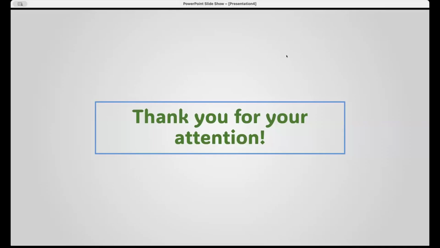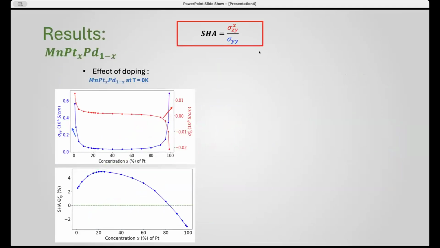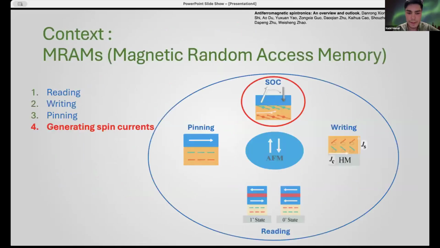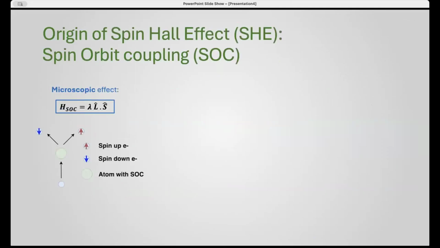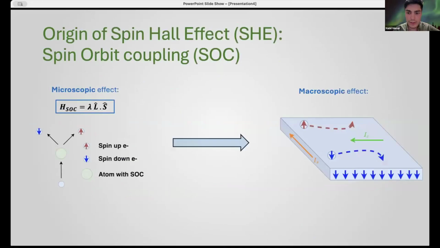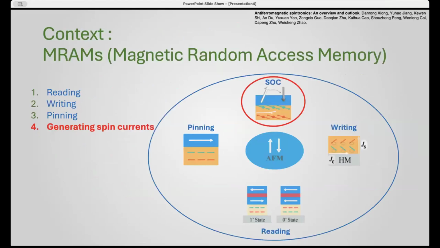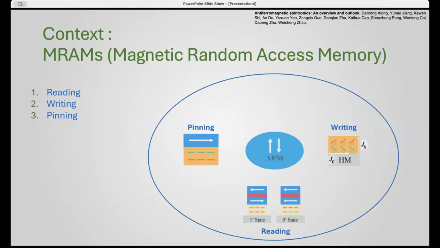Can you bring up the first 3 slides of your presentation? Maybe slide number 2 or 3.